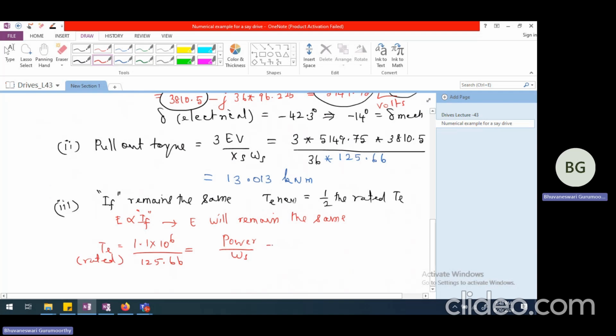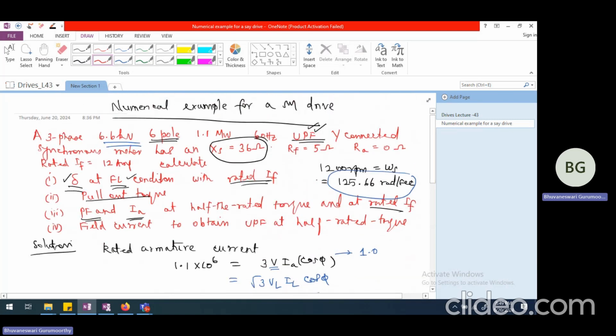So half the rated torque will be essentially 1.1 multiplied by 10 power 6 divided by 2 times 125.66. And half the rated torque comes out to be 4376.9 Newton meter. This is half the rated torque.